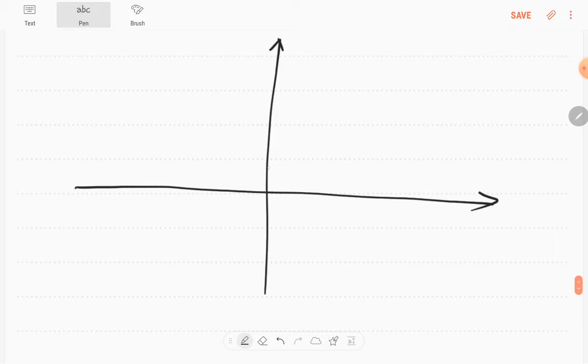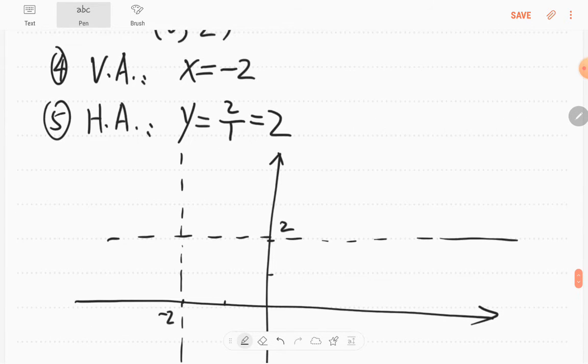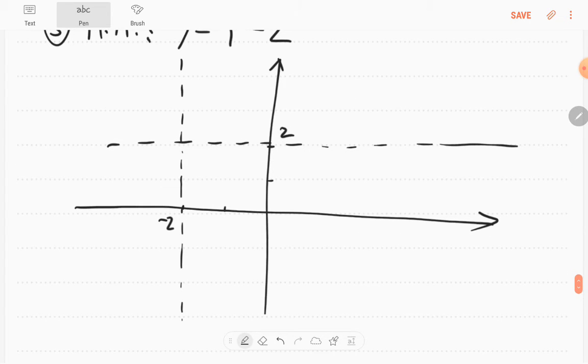Horizontal, 1, 2. -1, -2. This is the vertical asymptote, right? And locate the x-intercept, 0, -7 over 2, which is here. -3 is here, right? Which is here.